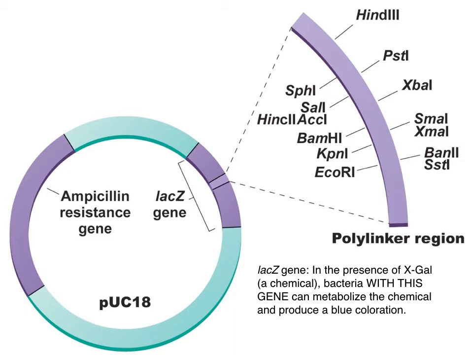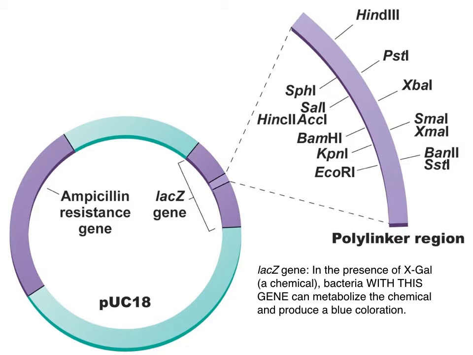The gene on the right is lacZ. See on the bottom right here, this is the gene that when a bacterial cell is exposed to this chemical called X-gal, the bacterium uses it and processes it, and it turns the bacteria blue. Okay, so we've got two genes in here that are important. Make it resistant to antibiotic, and we can make that cell blue.